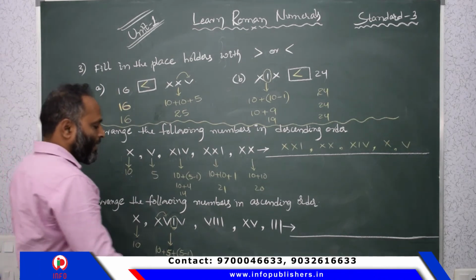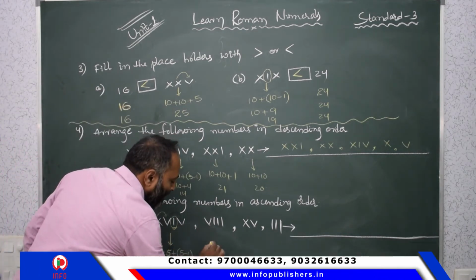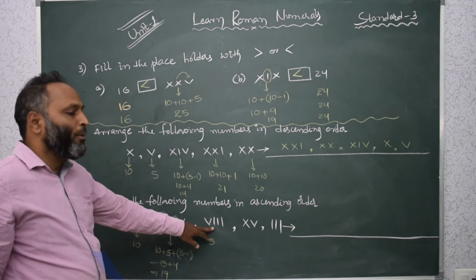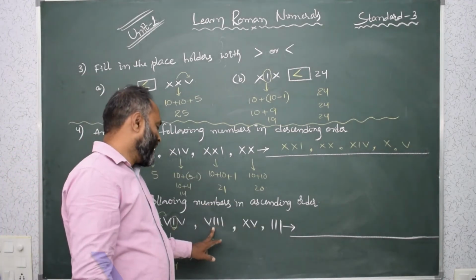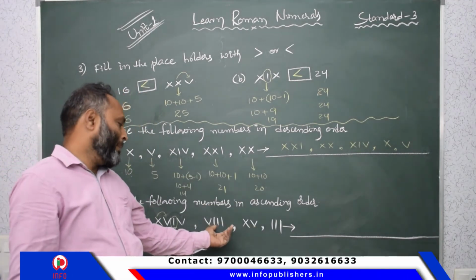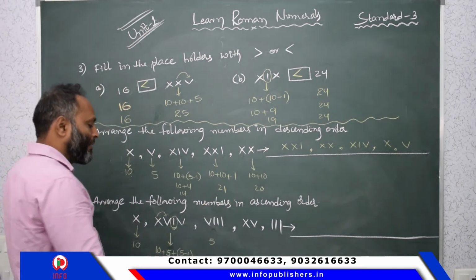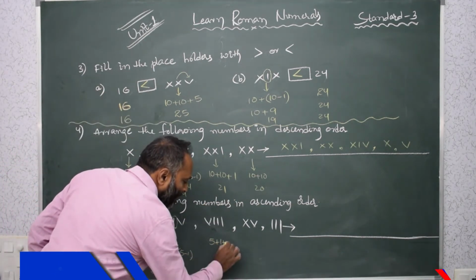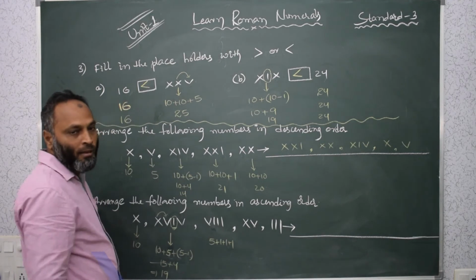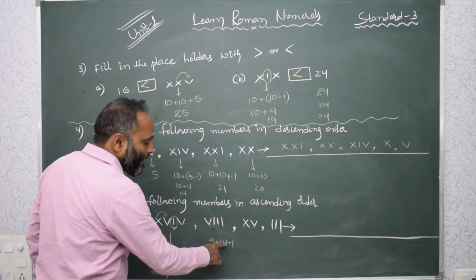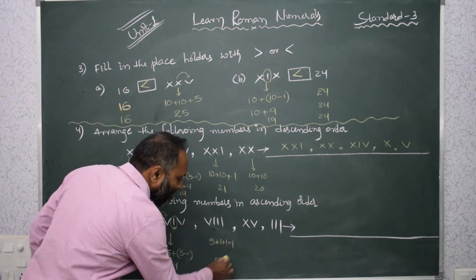Then after that, this is 5, V means 5. Here the smaller Roman numerals are on the right side, so we add, and it repeats 3 times, so add 1 three times: 1 plus 1 plus 1. 5 plus 1 is 6, 6 plus 1 is 7, 7 plus 1 is 8.